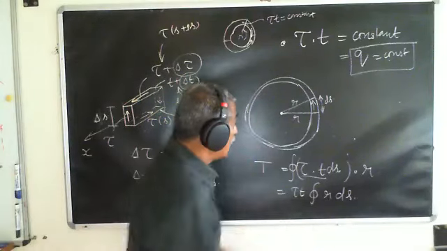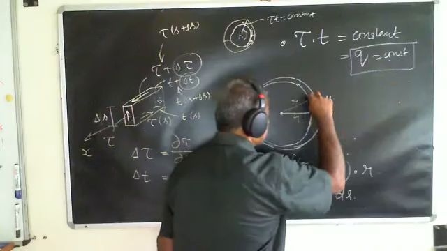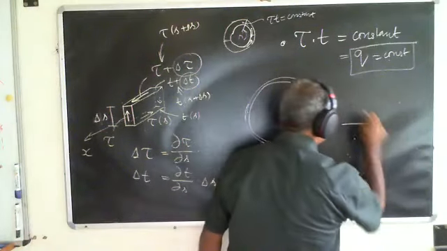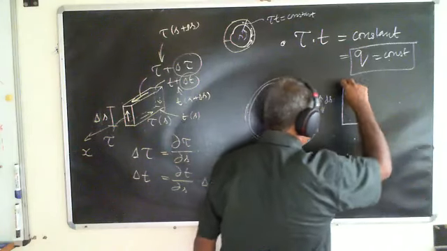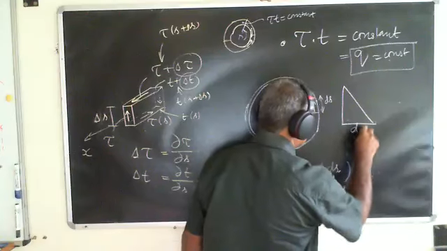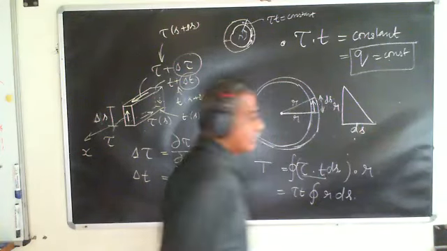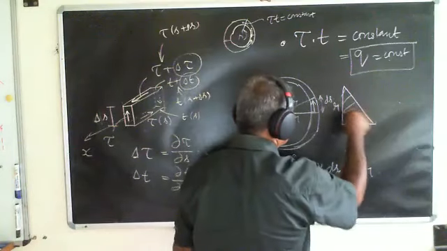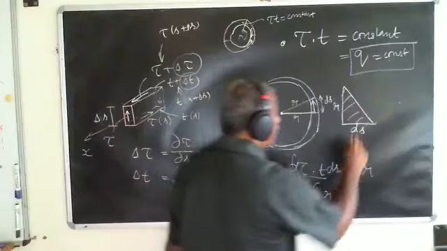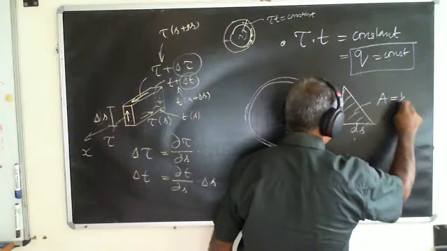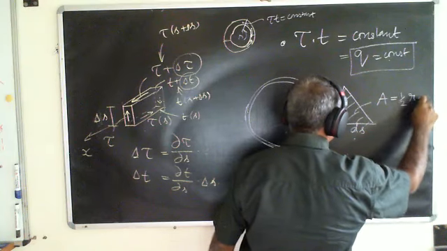What is R? R is this. S is this, right? So this is ds. This is R. I'm going to roughly calculate what this would be, and this will be nothing but area A equal to half of R times ds.